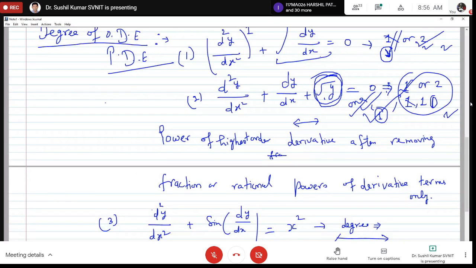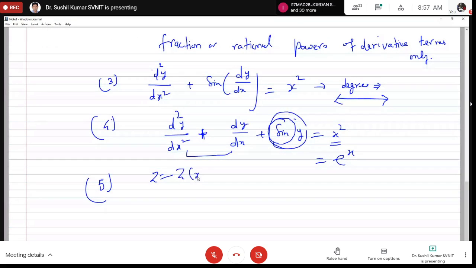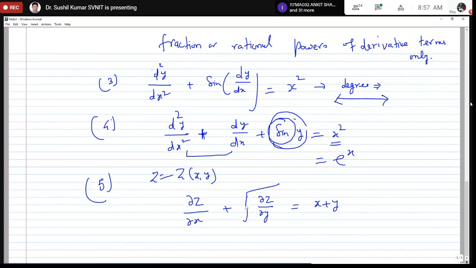It is true for OD and PD. So let me take one example of PD also. Let's say z is a function of x and y, and del z over del x plus the square root of del z over del y equal to, let's say, x plus y.